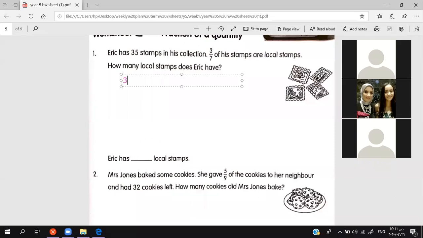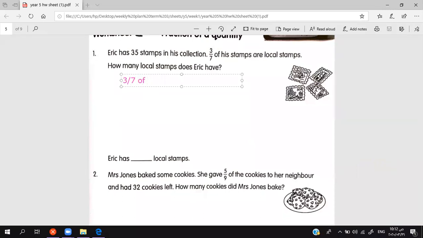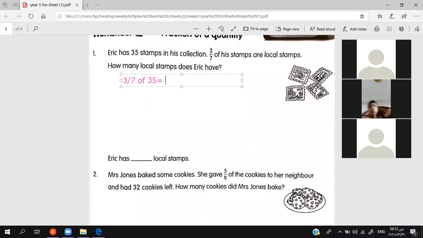The most important thing is steps. You have to write steps. 3/7 of 35. So, in order to get a fraction of a certain number, what do I do? I divide the quantity or the number I have with the denominator.